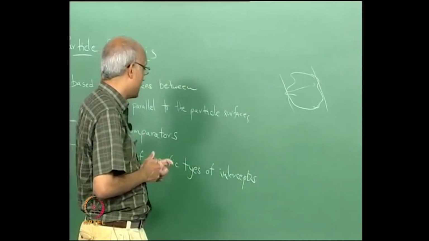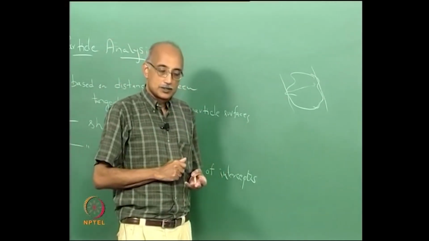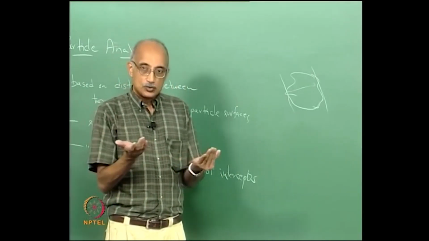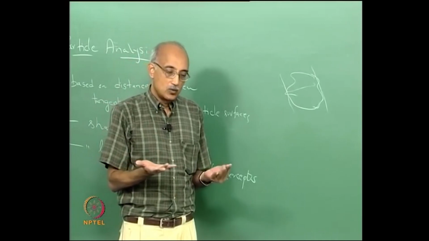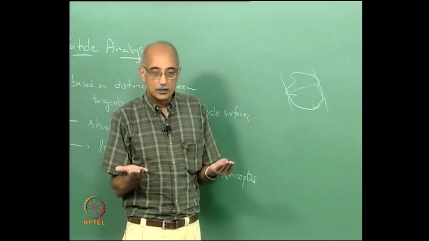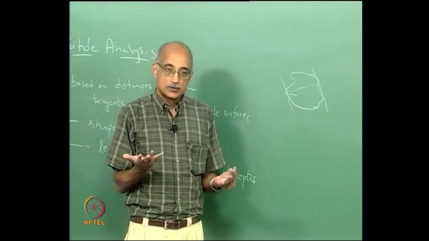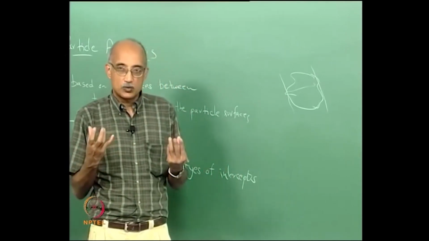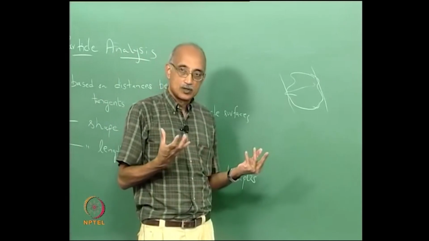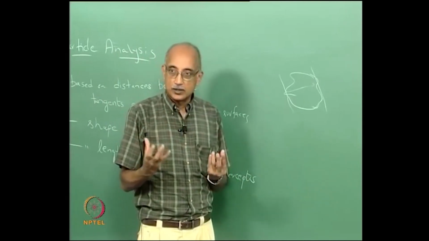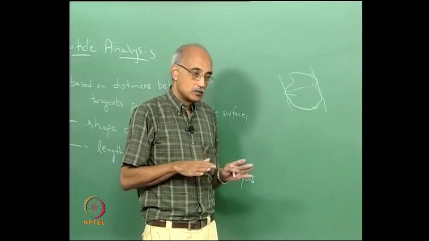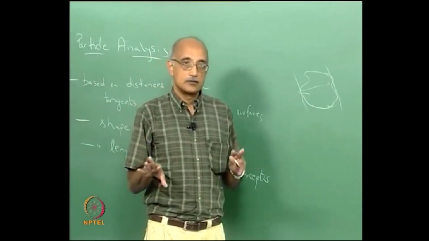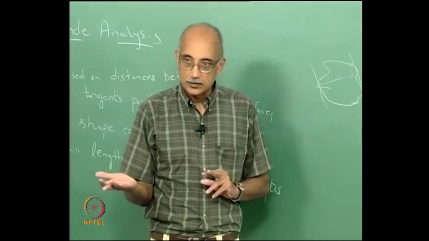And finally, what do we mean by shape comparators? Again, shape is not an absolute measure. You can take two particles and say that one is bulkier than the other, right? In order to do that, you have to develop some kind of a quantitative index for the bulkiness of the particle. Or you can say that one particle is flatter than the other. Again, you have to have a quantitative metric for flatness of the particle.